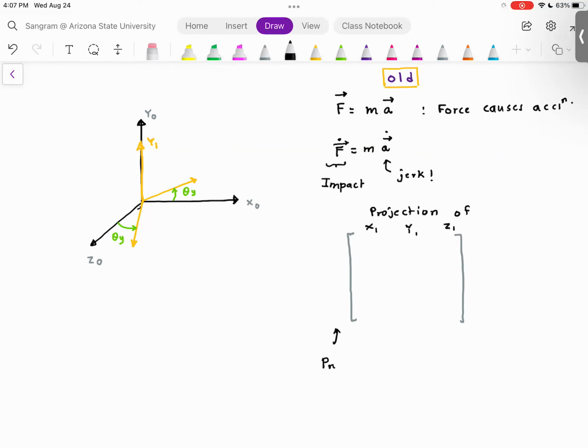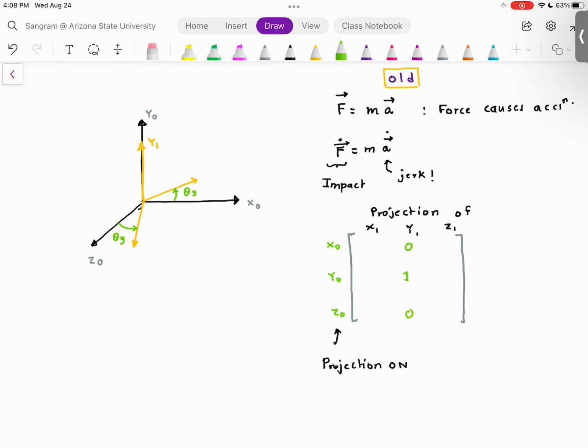Projection on x0, y0, z0. I will solve the hardest part. Can you see the projection of y1 on y0 is 1, which means there will be a 0 here, here, here and here, because all the rows and columns where there is a 1 have to be 0. Which means you now have to tell me what these blanks are.